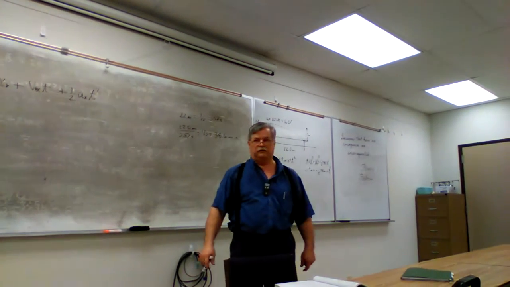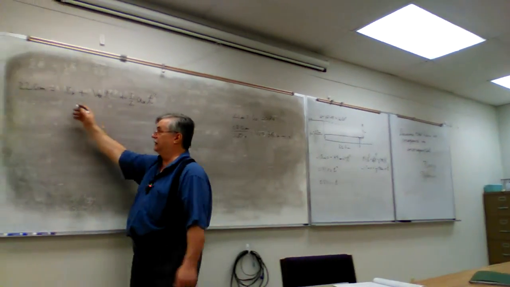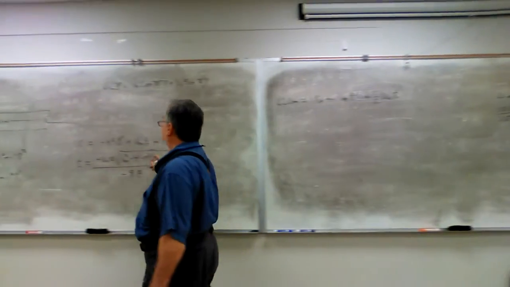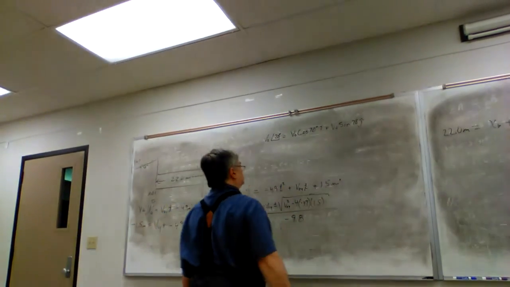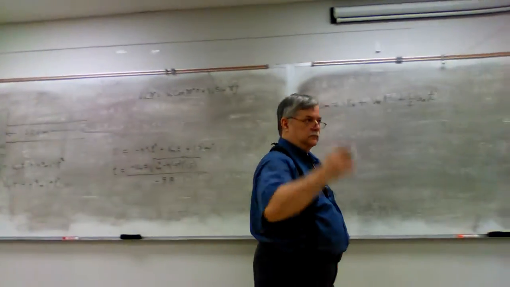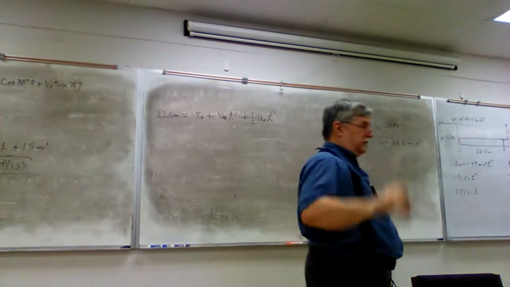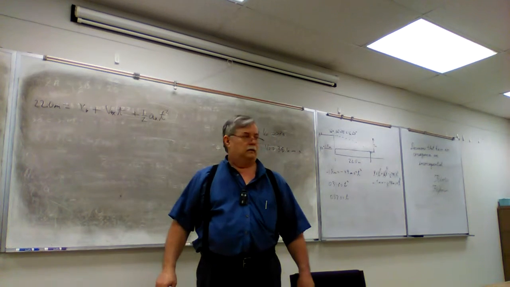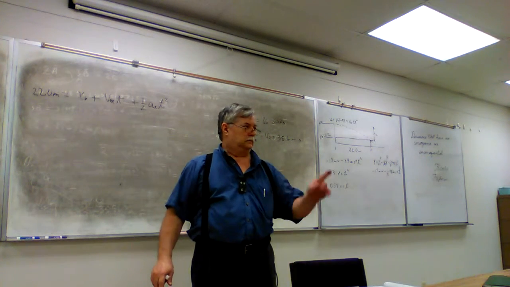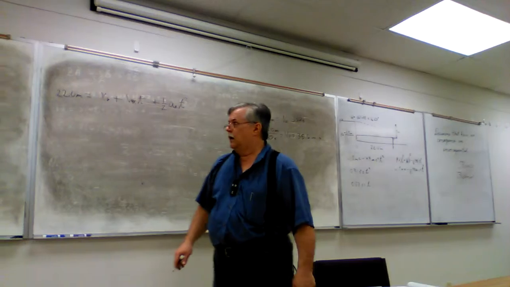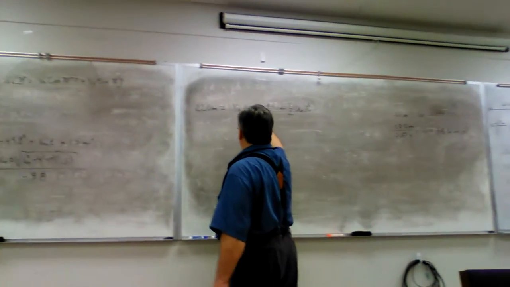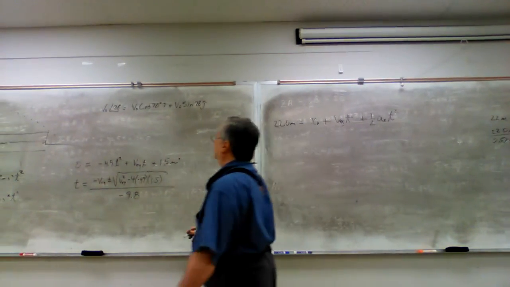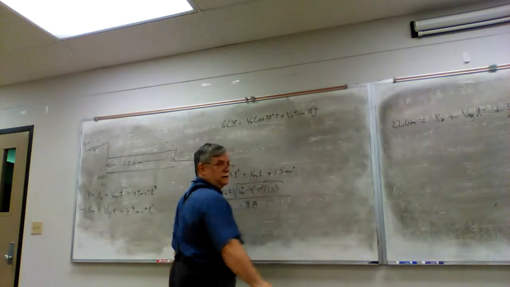Right? Now, does everybody see that this is a completely independent equation from this one? Well, we still have two unknown variables in it, and in point of fact, this one is a different unknown variable than this one.